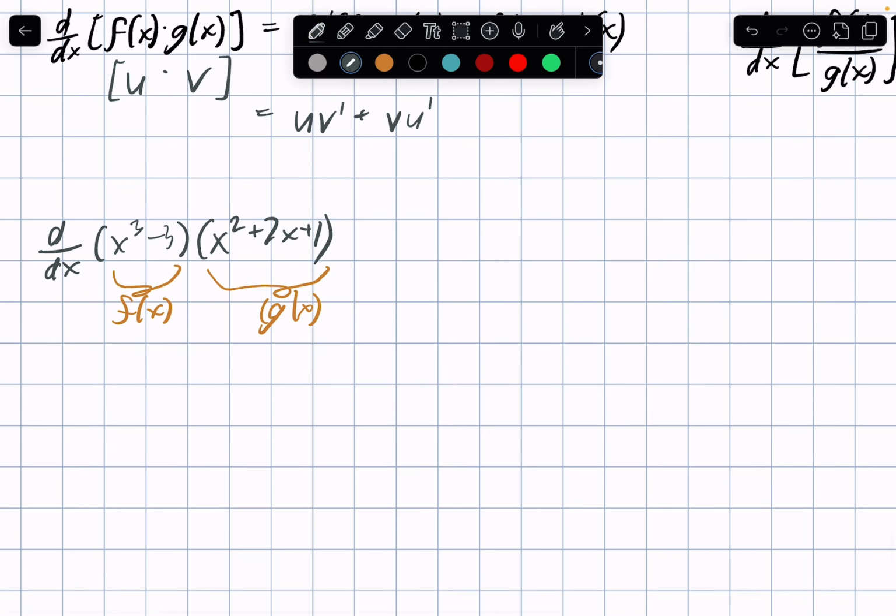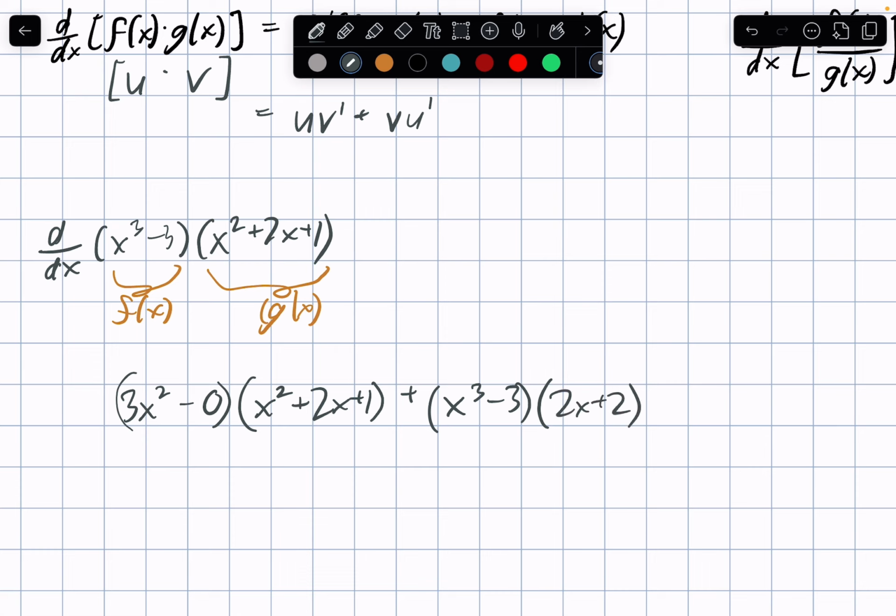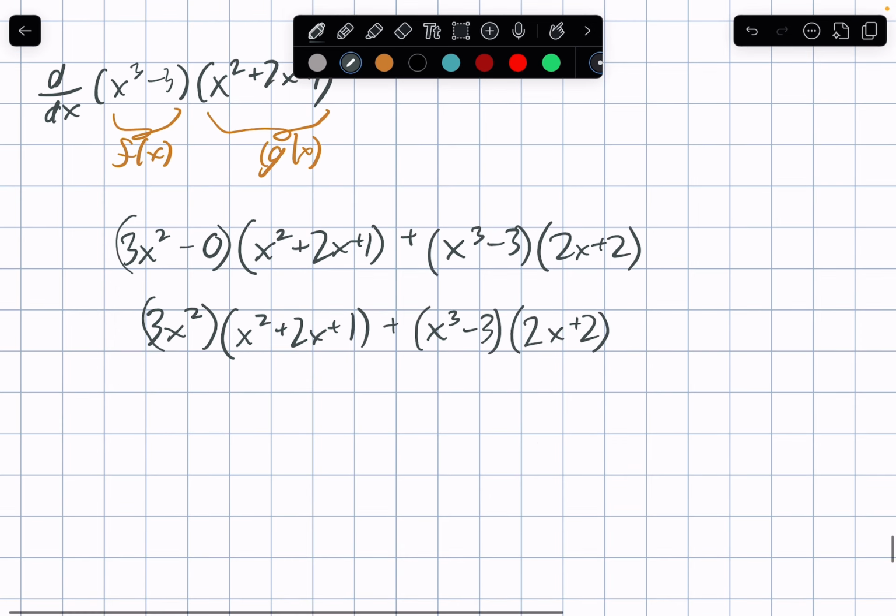So this is the derivative of f of x, and then just copy g of x, put a plus sign, and then just copy f of x, and then find the derivative of g of x. Now, just write down what's needed. Simplify.